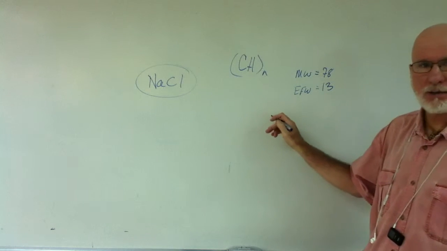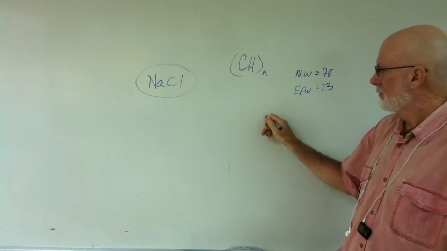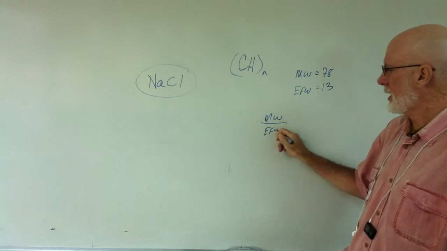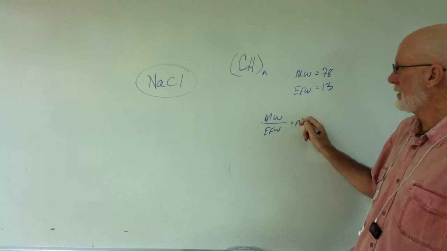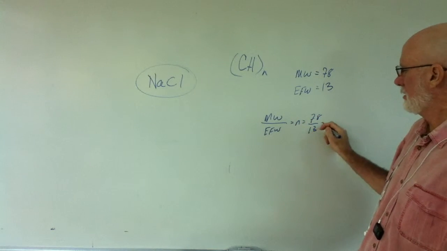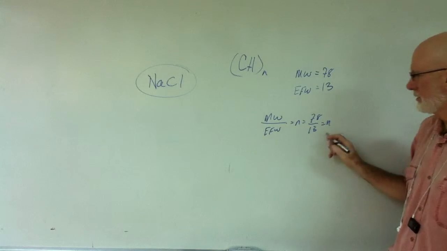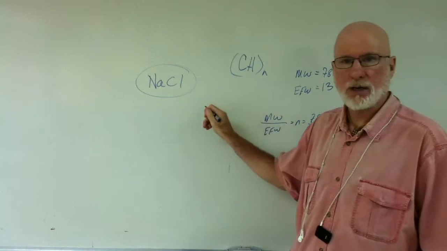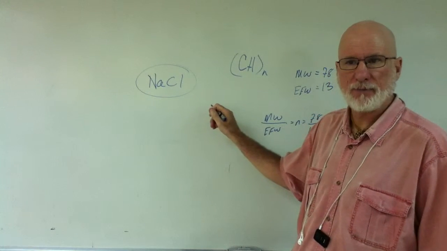So remember our little 6. Molecular weight over empirical formula weight equals N. So it's going to be 78 over 13 equals N. N equals 6. So what's our molecular formula?